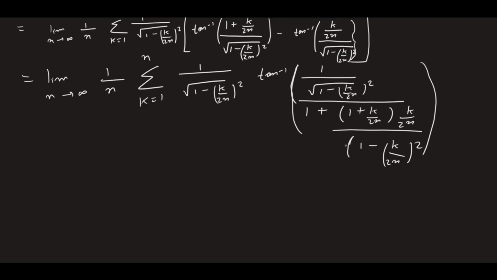Now here we can see 1 plus k by 2n, and if we factor it out, it will cancel. So this term will cancel out, and here we will be left with 1 minus k by 2n.